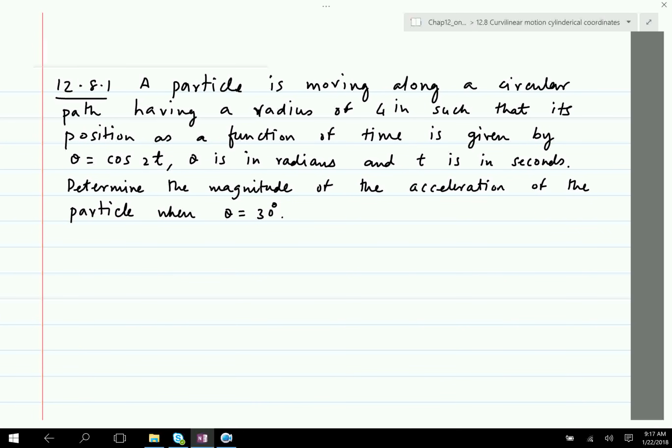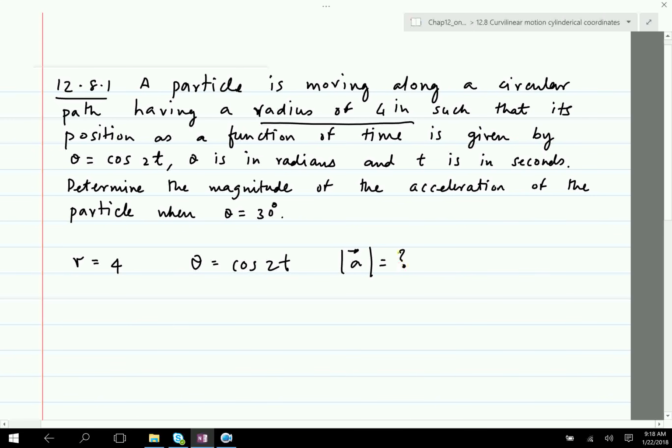Determine the magnitude of the acceleration of the particle when theta is 30 degrees. So we're given that the radius is 4, right here. We're also given that theta is cosine of 2t.